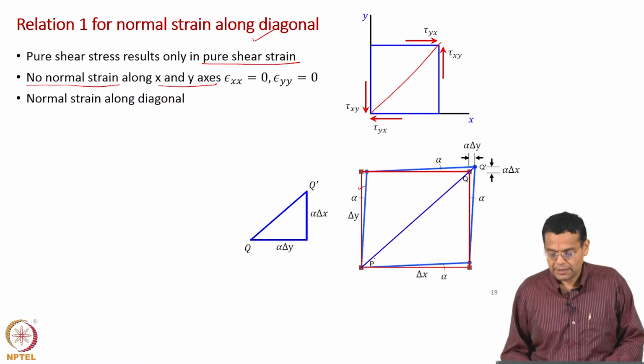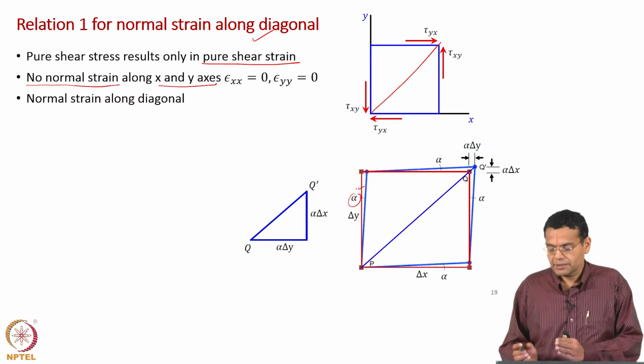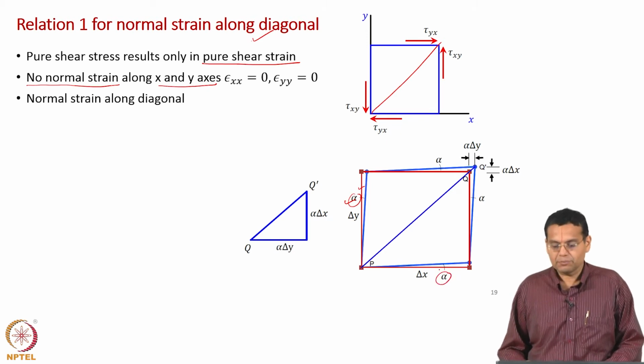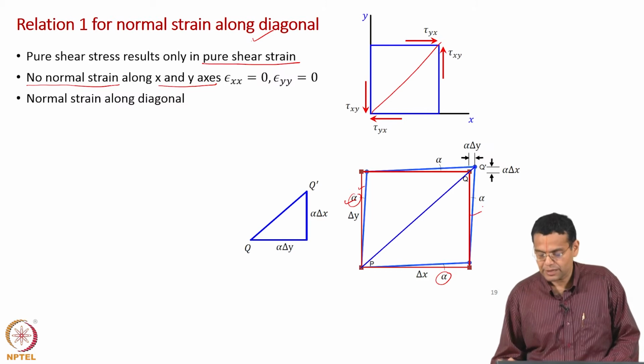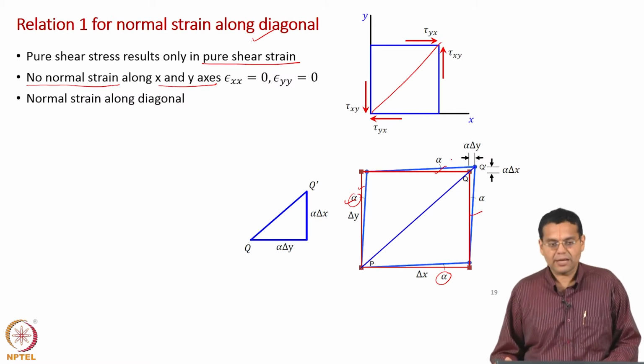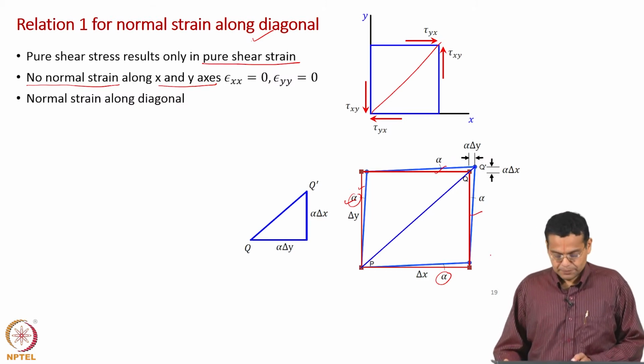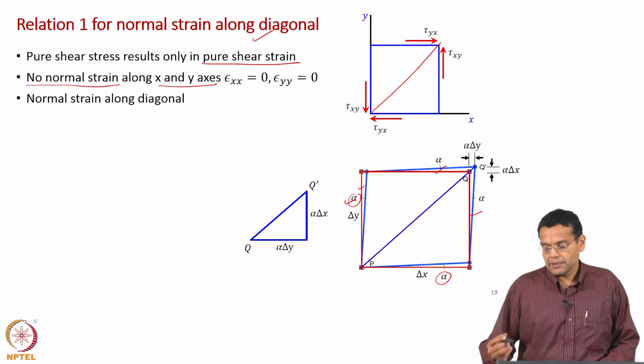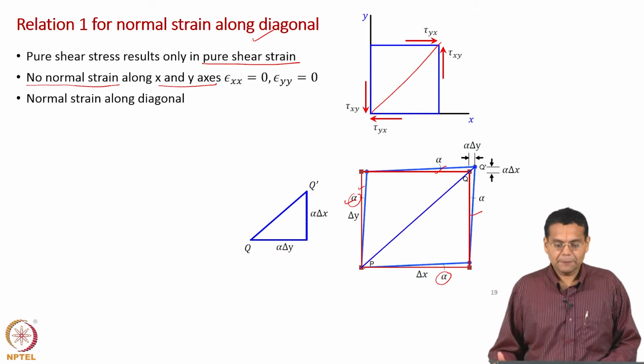As we have discussed earlier, it is symmetric and these two angles are the same, they are both alpha, so this angle is also alpha, and this angle is also alpha. Now, the diagonal PQ becomes PQ dash.